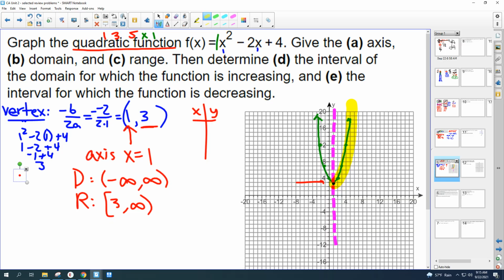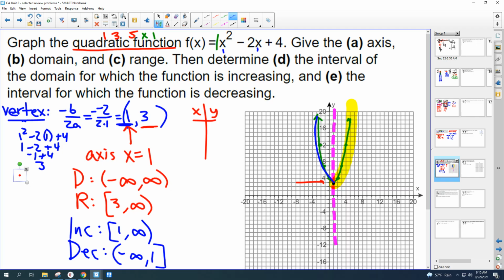If you squash that part onto the x-axis to look at the domain, that's what they're talking about. And so the increasing part of the domain is just going from 1 to infinity, the x part. The decreasing part of the domain is the other half of the graph. That's where it's decreasing from -infinity on the left to +1 on the right.